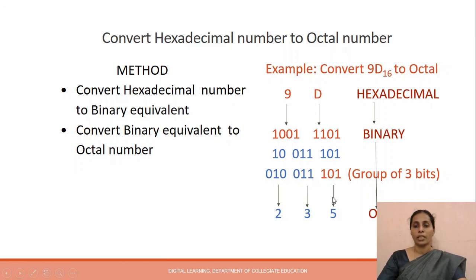So write the octal equivalent of these 3-bit groups. So 101 equivalent in octal is 5, 011 is 3 in octal, and 010 is 2. So the number 9D is equal to 235 in octal number system.